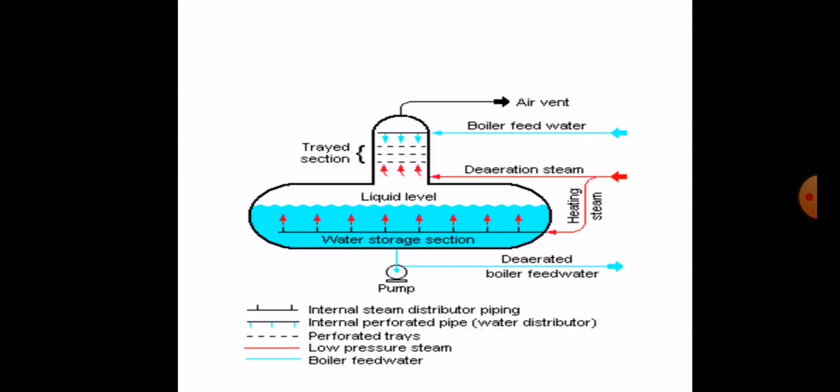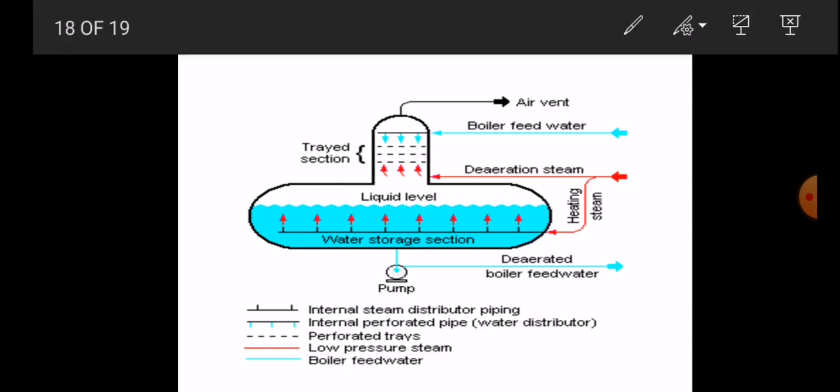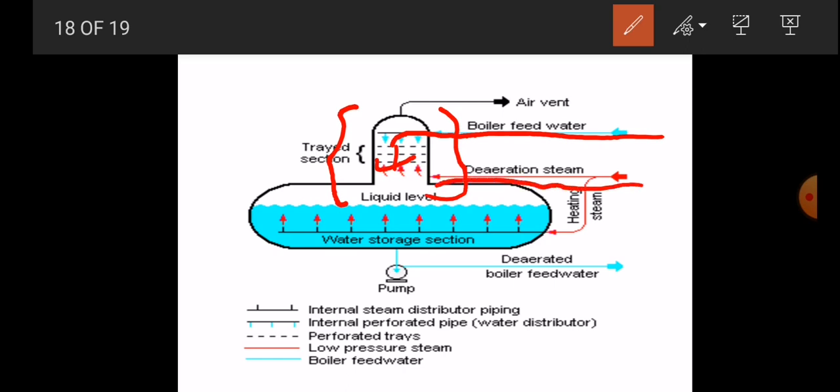So the deaerator, over here you can see in this figure, from here we are supplying the boiler feed water, right? Now over here you can see the tray section. There are a number of perforated trays we are using, right? And steam is supplied in the upward direction. At that time both come in contact with each other, right?